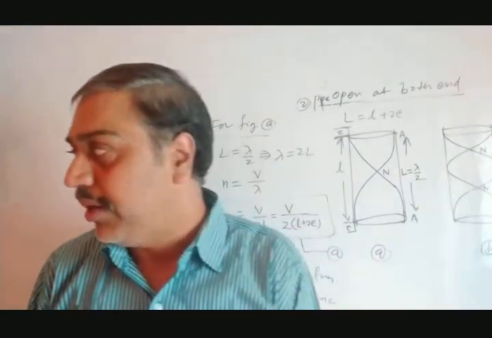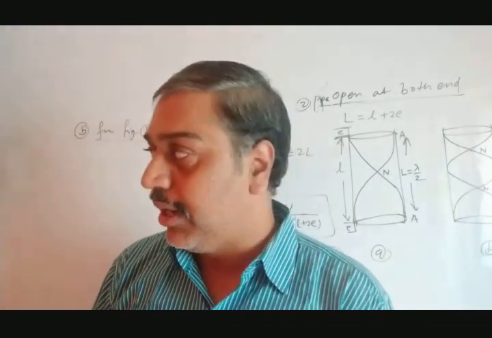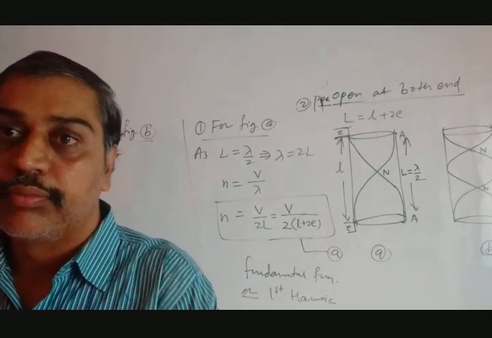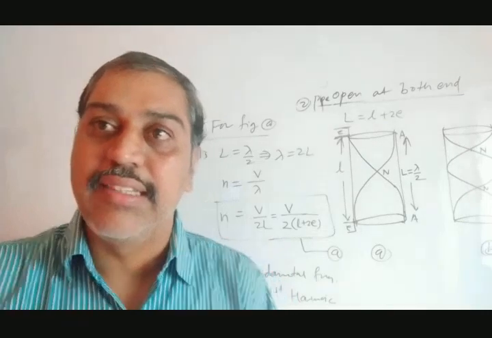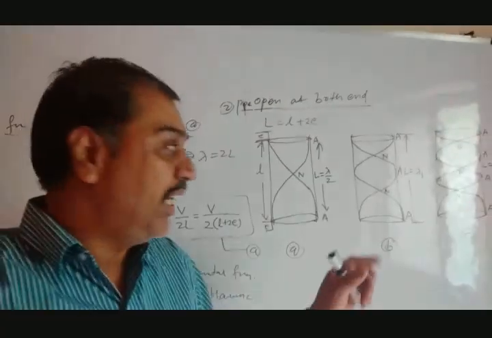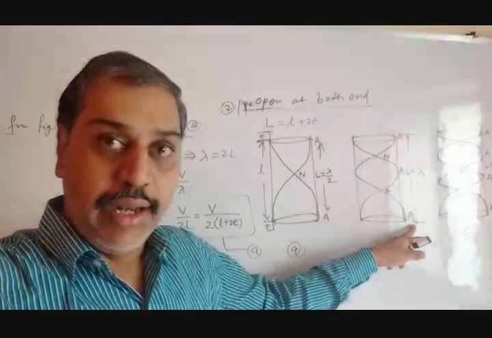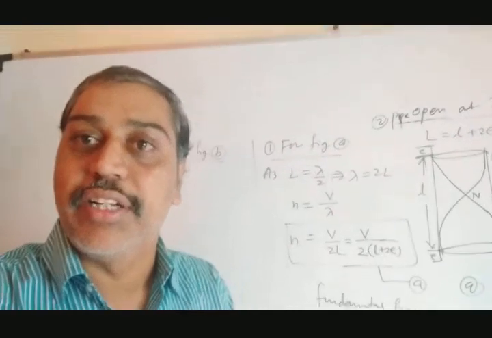Similarly, here we have drawn it. Remember, figure B consists of 3 antinodes, 1, 2 and 3, and 2 nodes, 1 and 2. That is nothing but the condition for figure B.